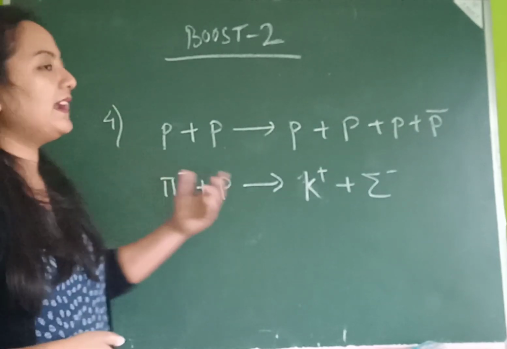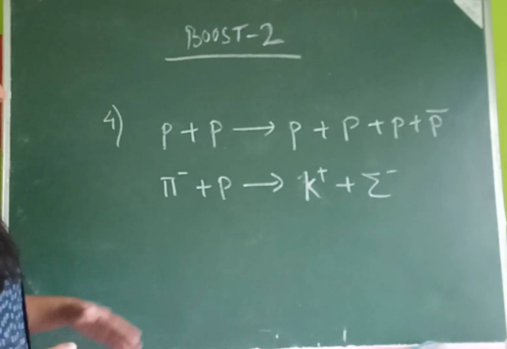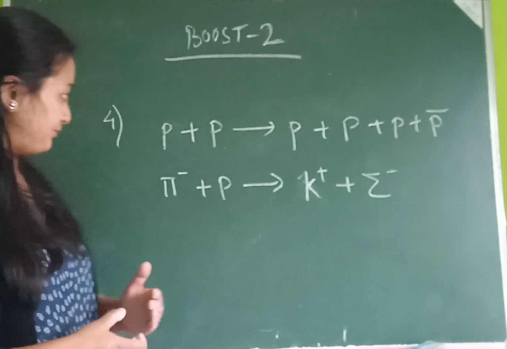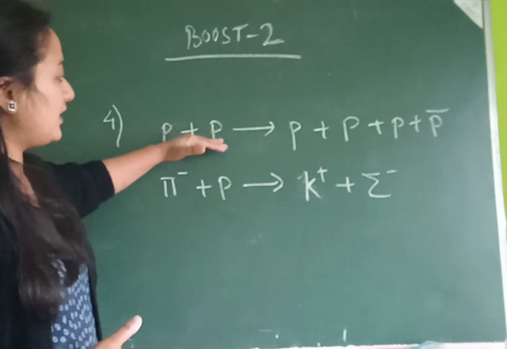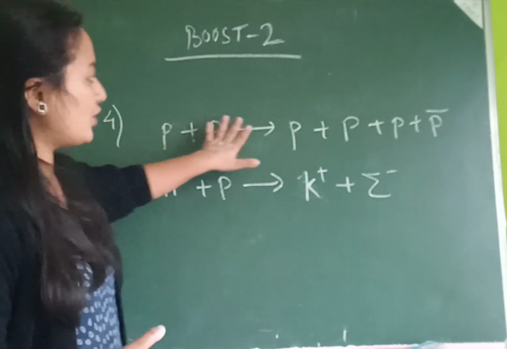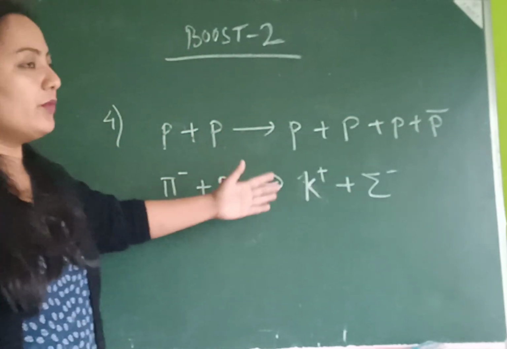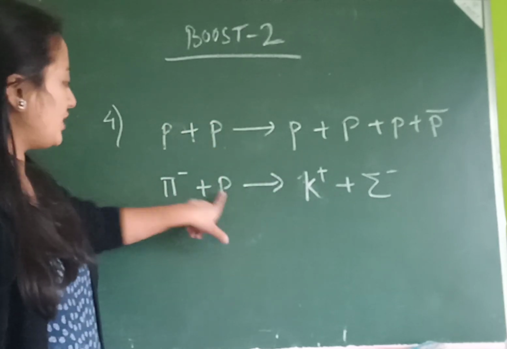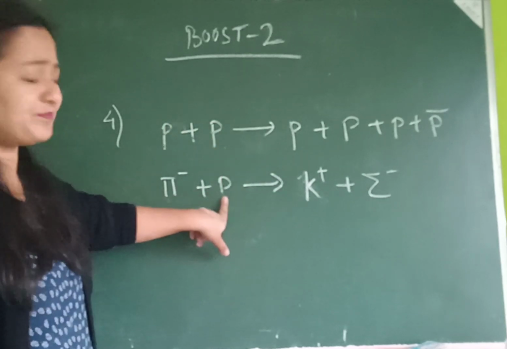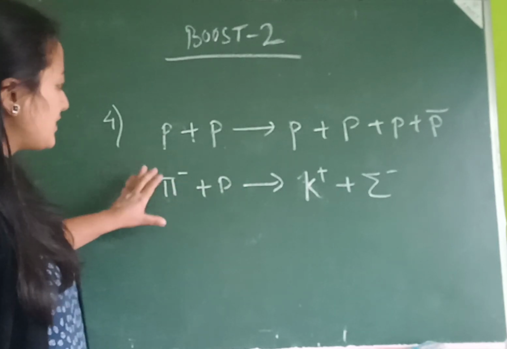You can go ahead and check different quantum numbers, but that will be a tedious process. The trick here is whenever you have nucleon interactions like this one, where you just have protons and then the antiproton, right? And whenever you have nucleon-meson interaction, that means proton and then pions, proton is a nucleon, right? And then you have your mesons, right?